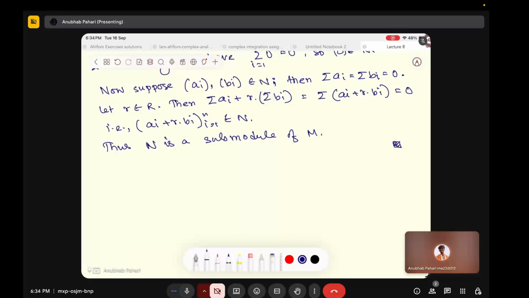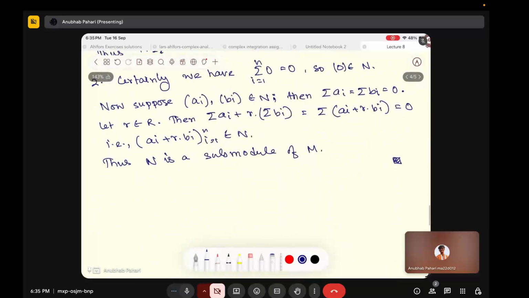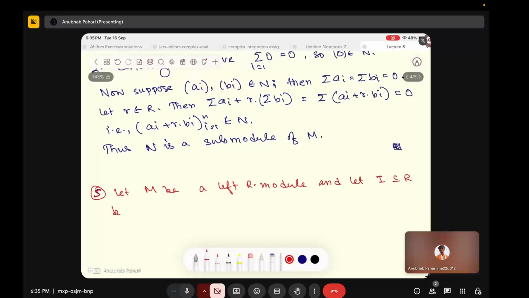Now we will be doing a similar problem. So this will be our question number 5. Let M be a left R-module and let I be an ideal.